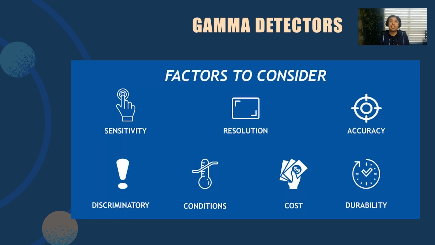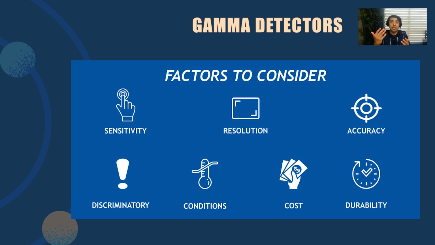When choosing a gamma detector for a specific isotope identifier, several factors come into play. Sensitivity and resolution: the ability to detect low levels of radiation and distinguish between closely spaced energy peaks. Application needs: whether the priority is portability for field use, precision for laboratory analysis, or discrimination capabilities for special nuclear material security applications.